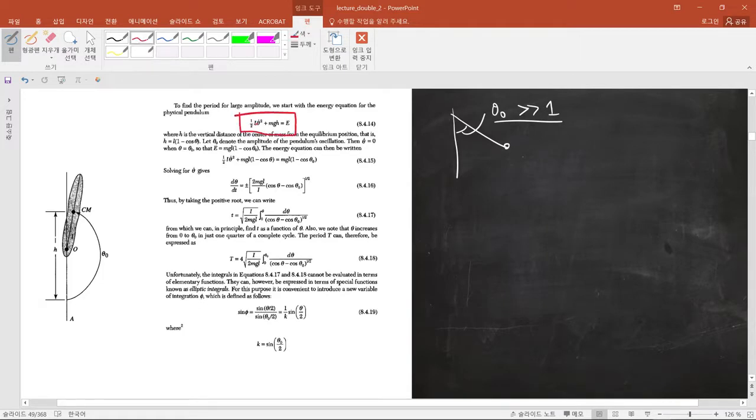Okay, so what is written here is that kinetic energy plus potential energy is equal to total energy.